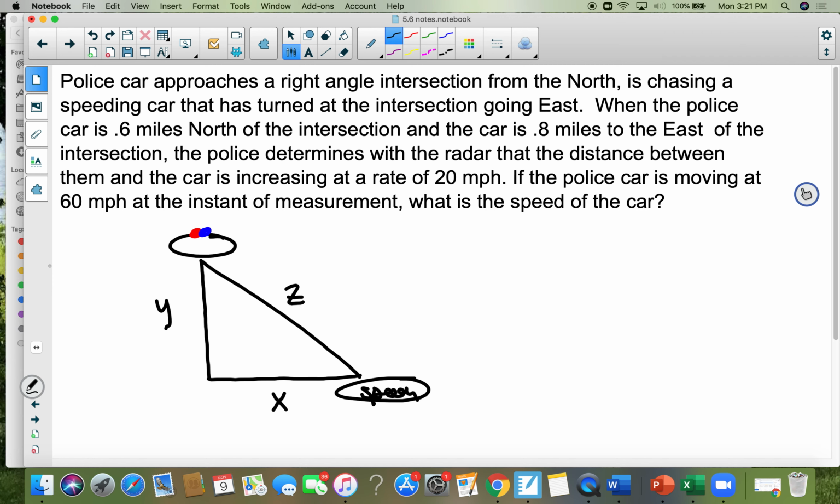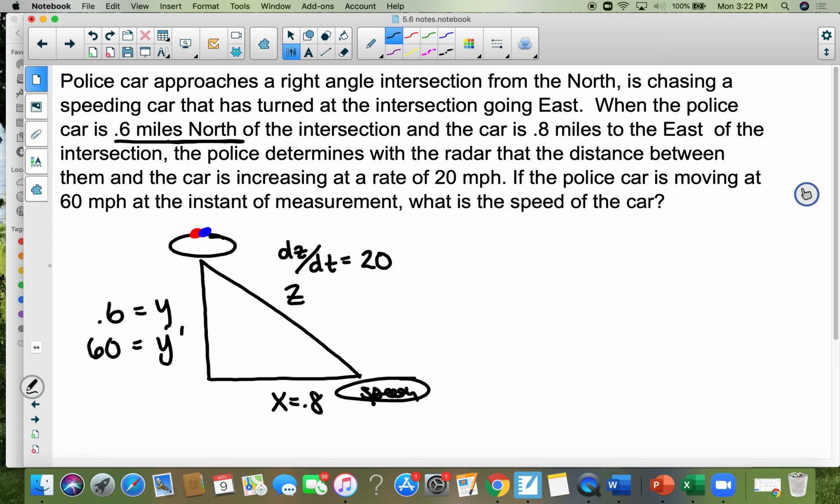When the police car is 0.6 miles north of the intersection and the car is 0.8 miles east, the radar says the distance between them is increasing at 20 miles per hour. So dz dt is equal to 20. If the police car is moving at 60 miles an hour, y prime is 60.